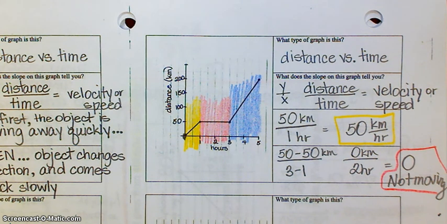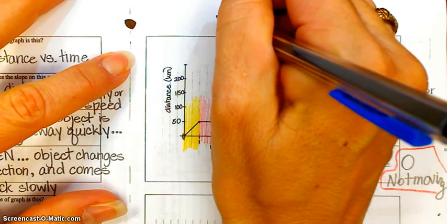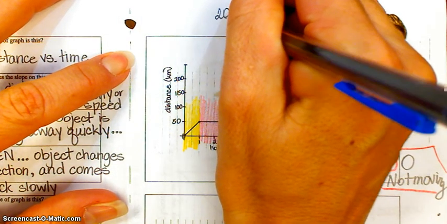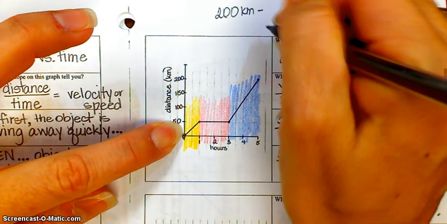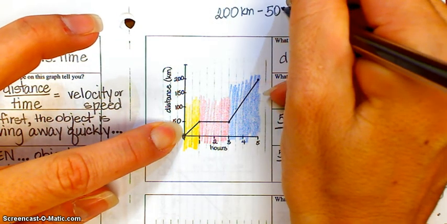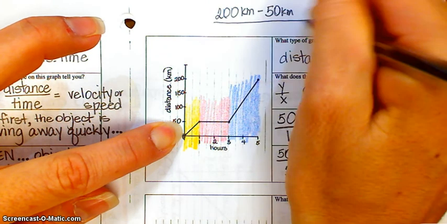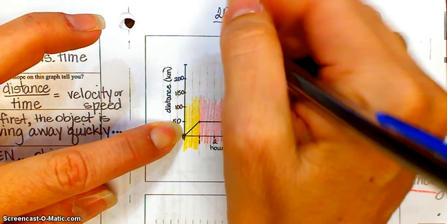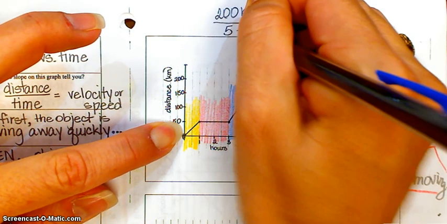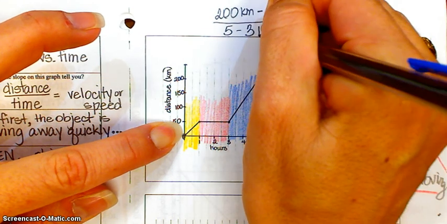All right, what about the blue interval? At the end of the blue interval, I'm at a distance of 200 kilometers. At the beginning of the blue interval, I'm at a distance of 50 kilometers. That's a change in y value of 150. At the end of the blue interval, I'm at 5 hours. At the beginning of the blue interval, I was at 3 hours.